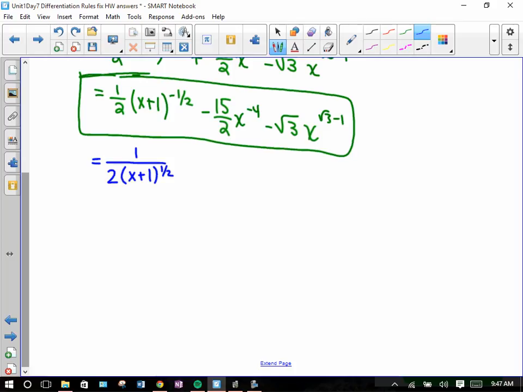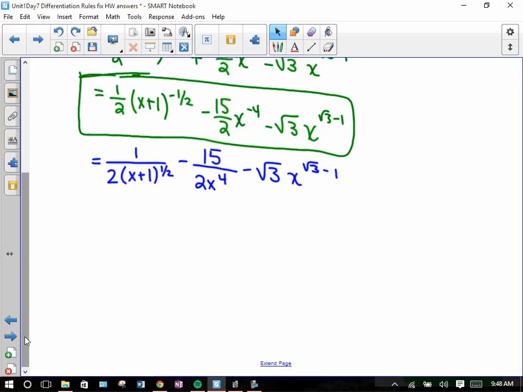And then minus 15 over 2 x to the negative 4 power would be minus 15 over 2x to the 4th power. And then this one I just would need is minus square root of 3 x to the square root of 3. Alright. So that'd be one way to simplify it. The only other way that you can change it around is instead of having x plus 1 to the 1/2 power, have the square root of that.